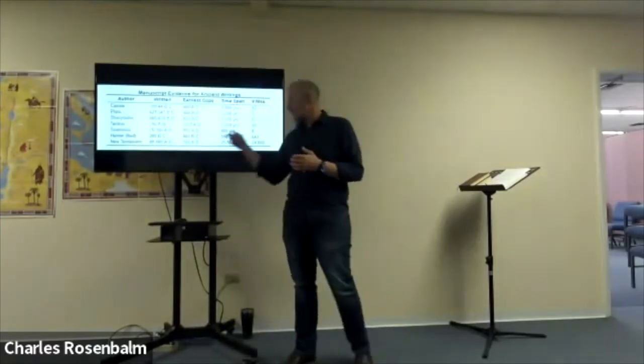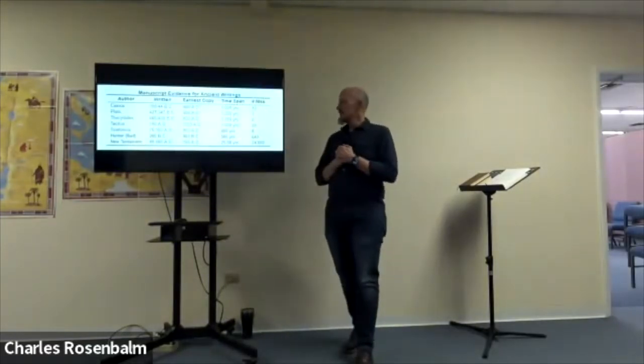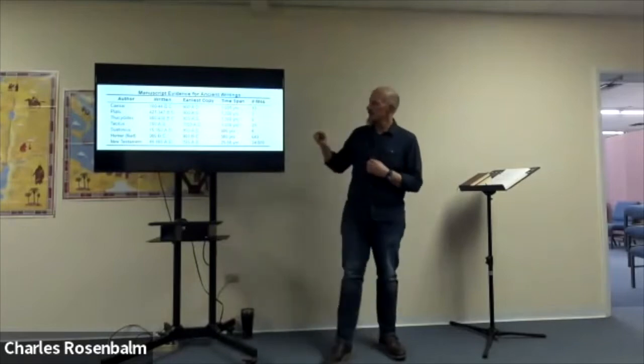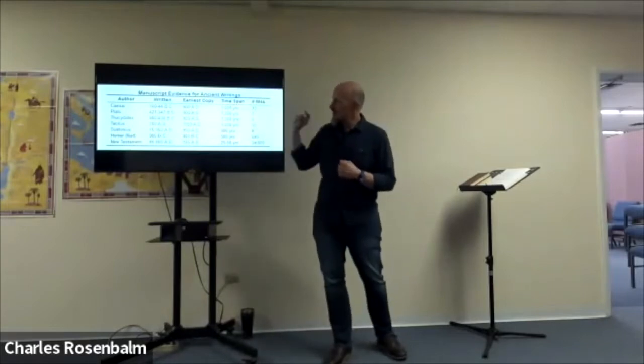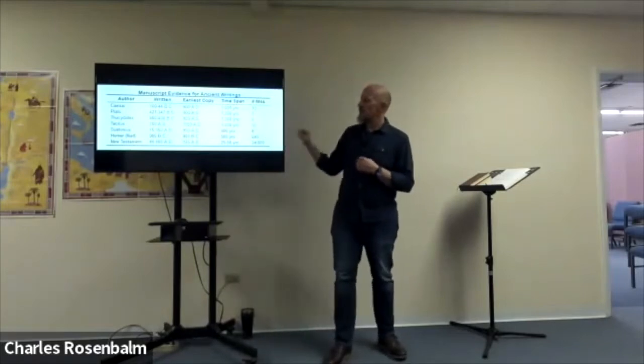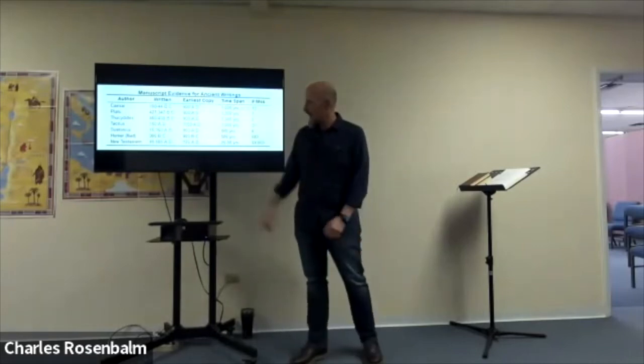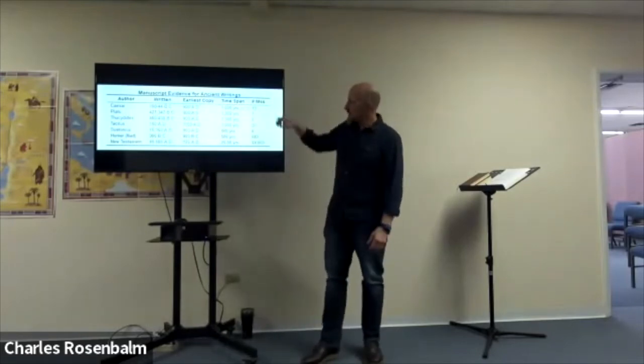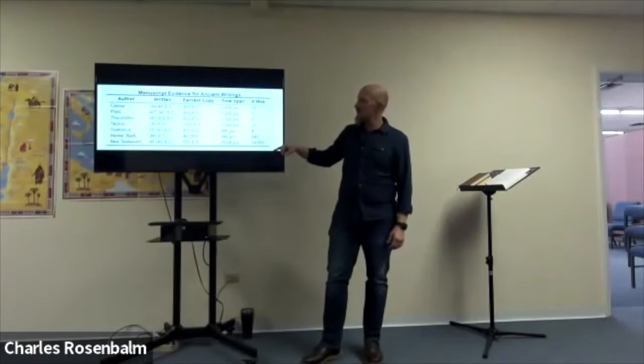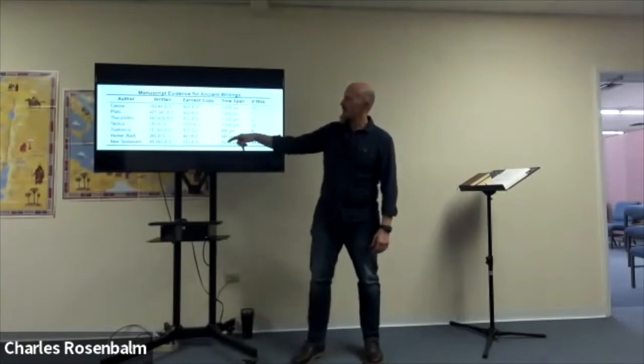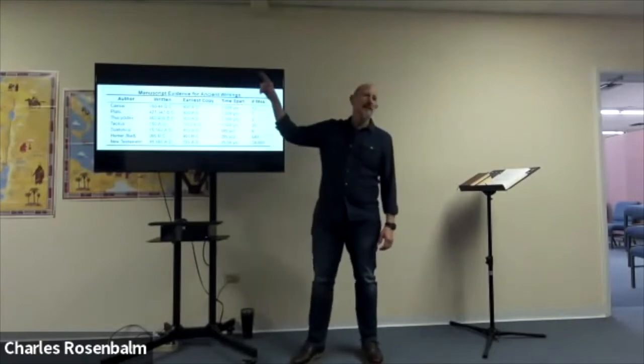In fact, the chart we used last week compared similar types of literature from that time frame, looking at the number of manuscripts we have and how long between the time of the event and the first early copy of a manuscript.